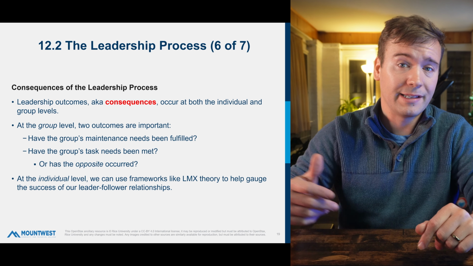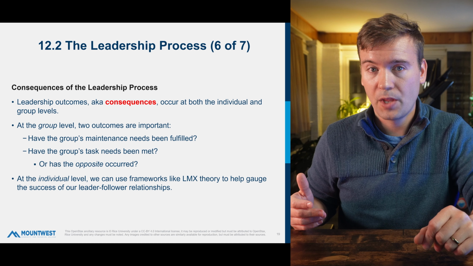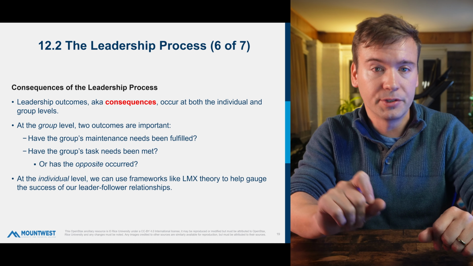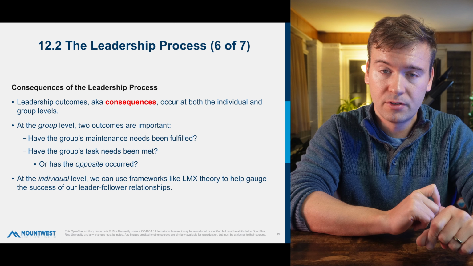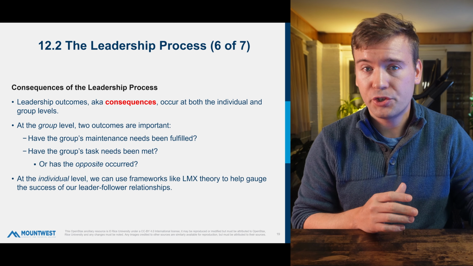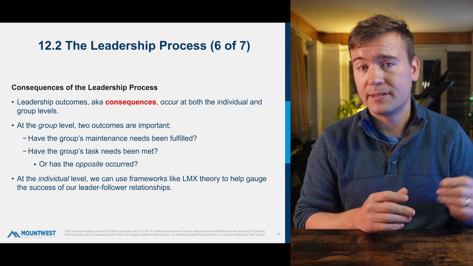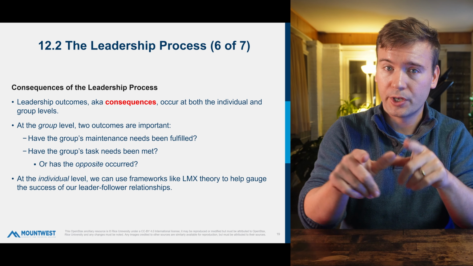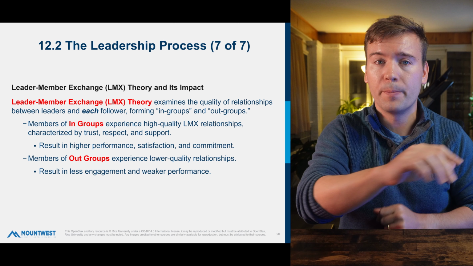Or has the opposite occurred? Has the group become dysfunctional and failed to meet its objectives? At the individual level, frameworks like the leader-member exchange theory can be used to assess the success of a leader-follower relationship. We're going to look at that more in depth in just a moment.